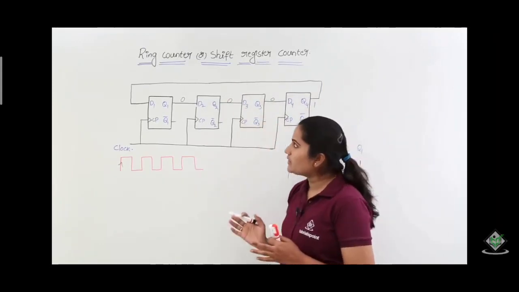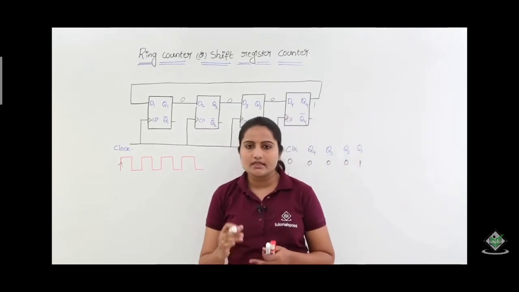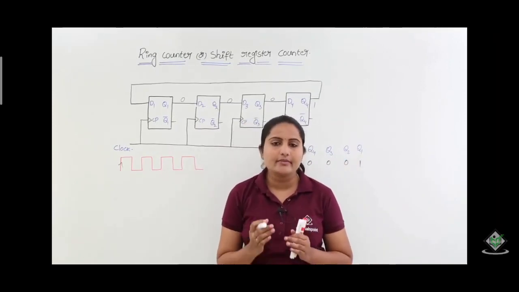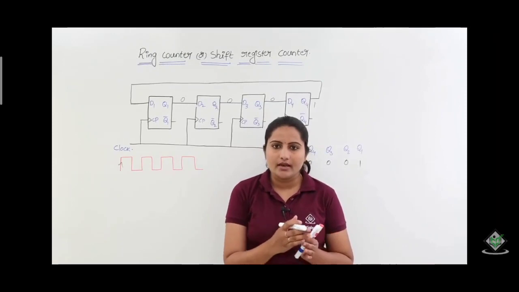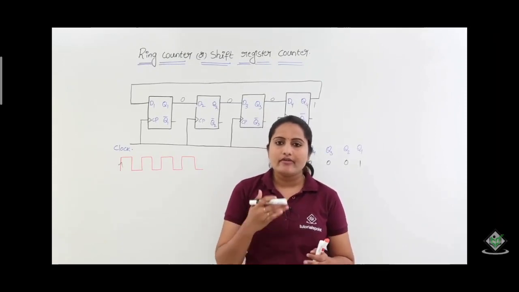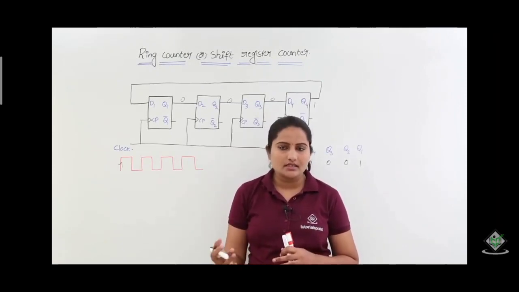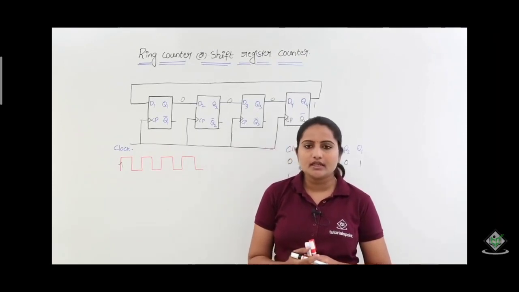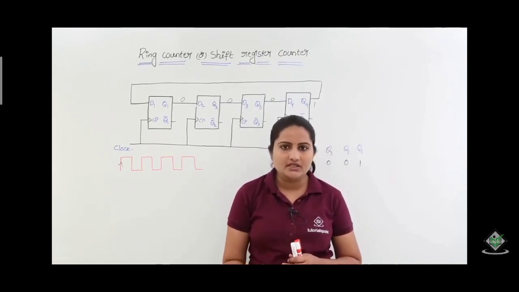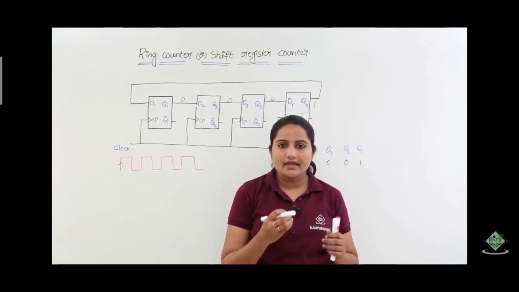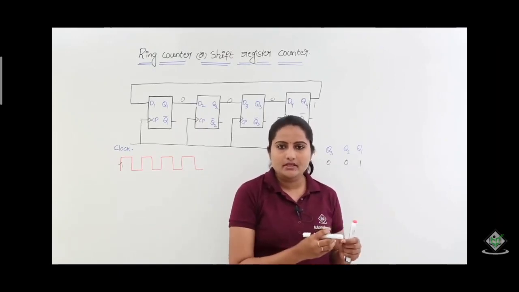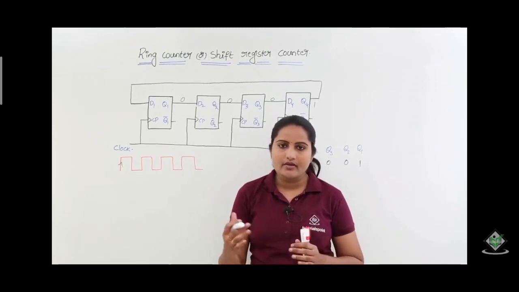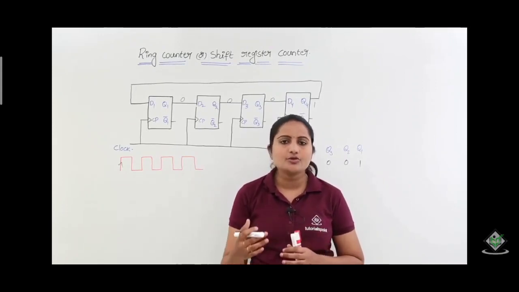The special case of this ring counter is that it is going to count n states only. In the previous classes, when I introduced counters and dealt with asynchronous and synchronous counters, I told you that we have 2 power n states for a counter. That means a counter may have n bits and it may have 2 power n states.